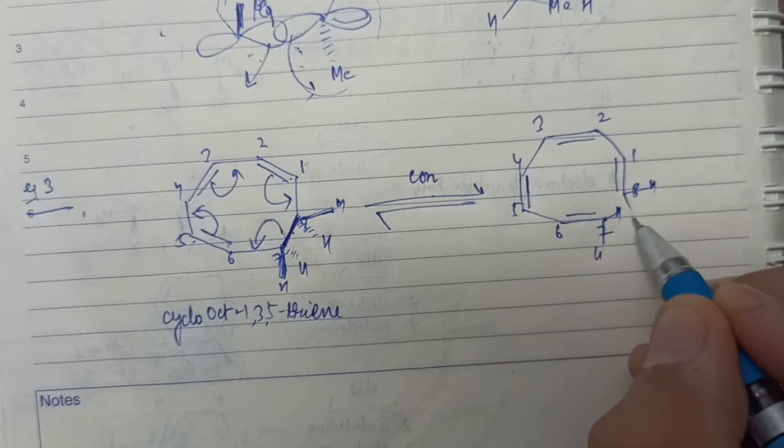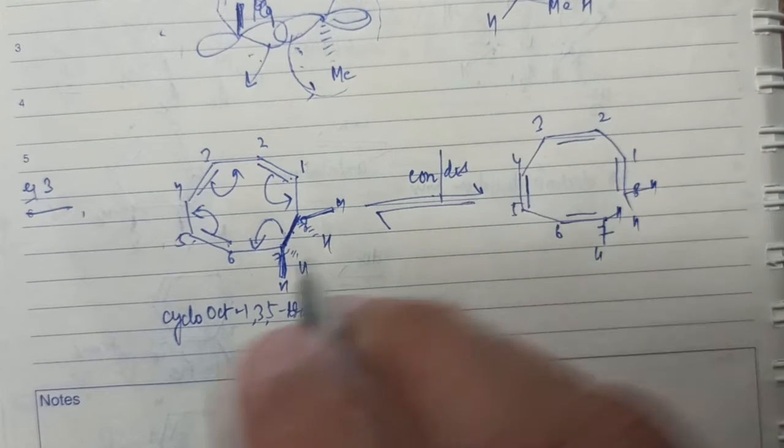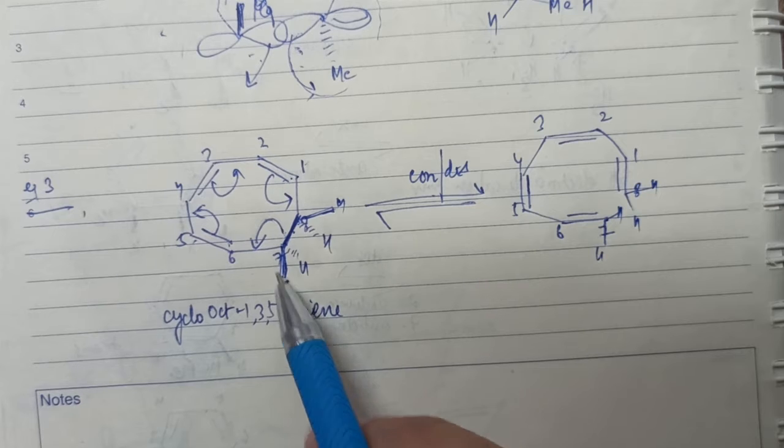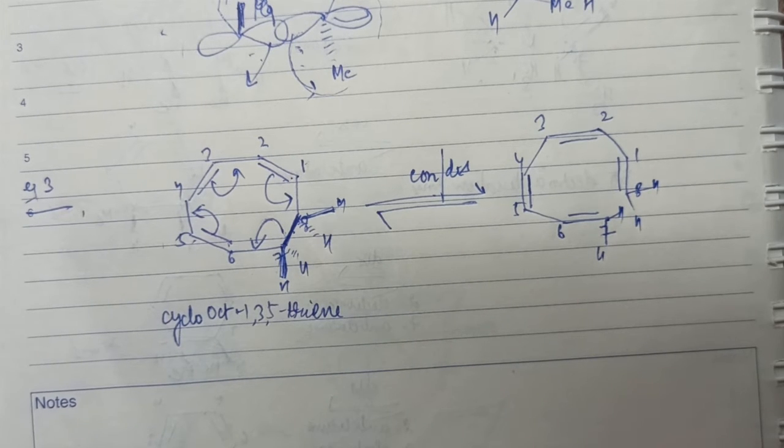So I can simply write my product in this way. So either it is conrotatory or disrotatory, the product formation would be similar. The differentiation can only be had once you have different substitutions at these 2 allylic carbon atoms, that is the 7th and 8th carbon atom.